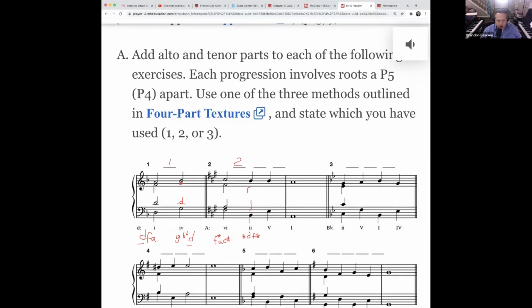Next one, we can see that we have stepwise or common tone, right? So we know for sure that we are either doing way number 1 or way number 3 because we're keeping the common tone. So are we doing similar motion by seconds and thirds, or are we doing common tone stepwise motion? We got to go to E, G sharp, and B, yes?